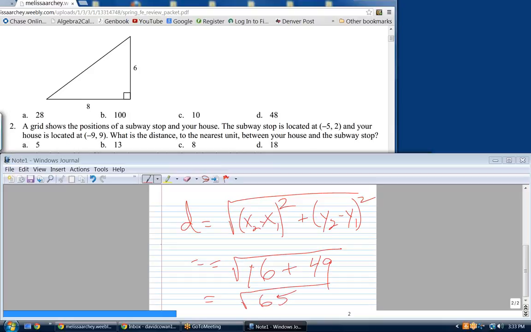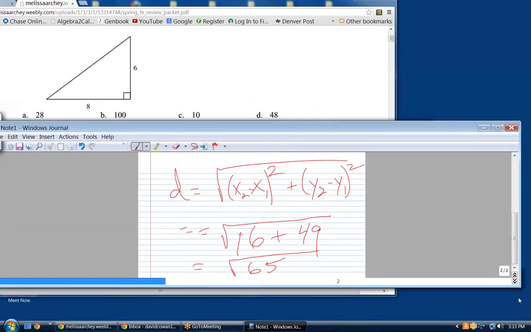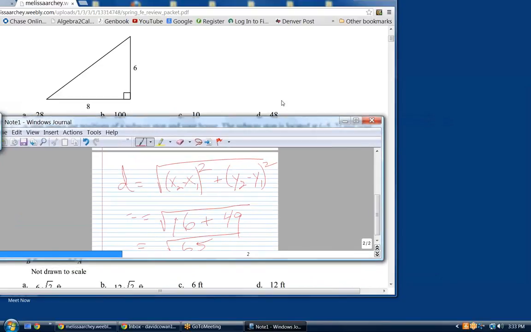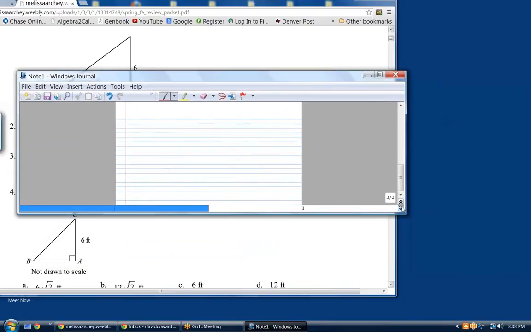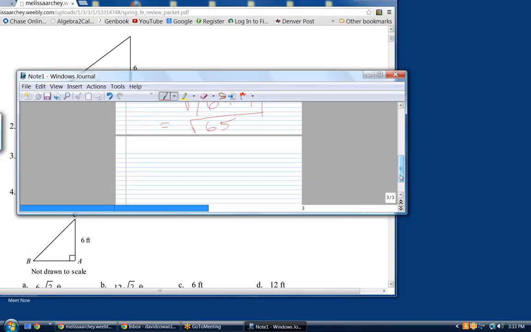Can you simplify that? You have to round up. Well, no, I'm not talking about rounding. I'm talking about leaving it in square root form, but can we simplify it? In other words, 65 is what?